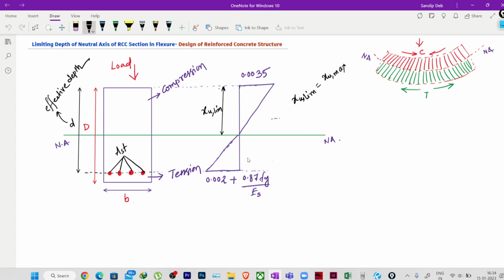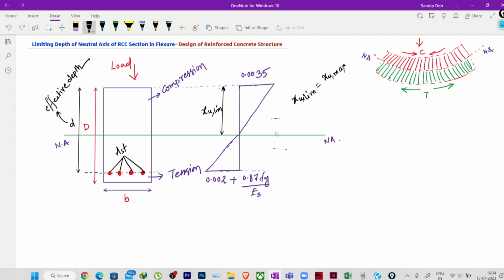Now we can also think about the opposite, that if the concrete reaches its maximum strain 0.0035 before the steel reaches its maximum tensile strain of 0.002 plus 0.87 Fy by Es. So in that case the neutral axis will be here.